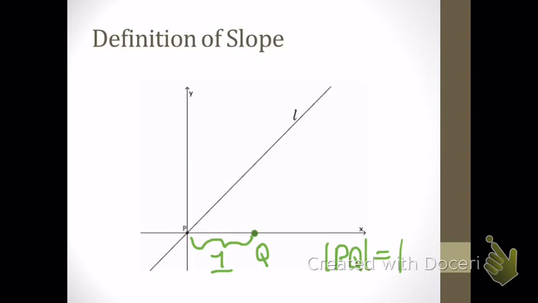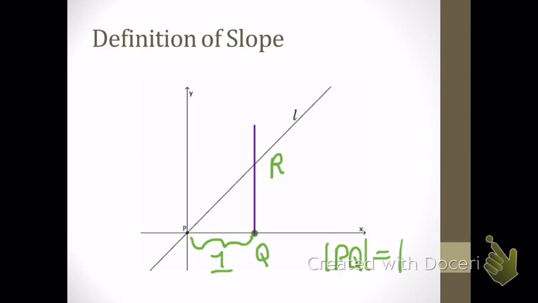And what we want to know is, for moving over 1 unit, how far up does the line rise? Okay, and so if we construct a line going straight up from Q through the line, I'll make sure that's straight up and down, it's going to intersect the line at another point, and we're going to call that point R. Okay, so now we have our line labeled.